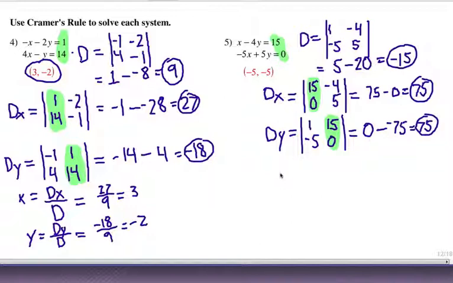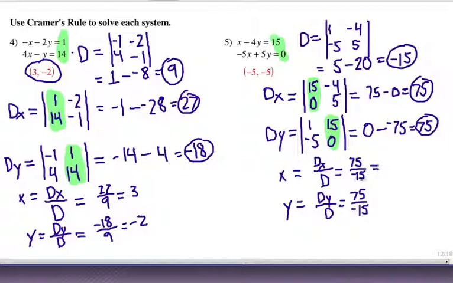All right, let's put it together and find out what x and y are. Both going to be 75 divided by negative 15, which is negative 5 in both cases. All right, so therefore, our ordered pair solution for that system of equations, negative 5, negative 5, using Cramer's rule.